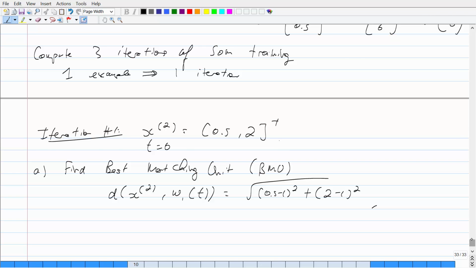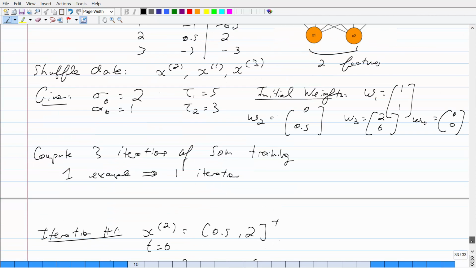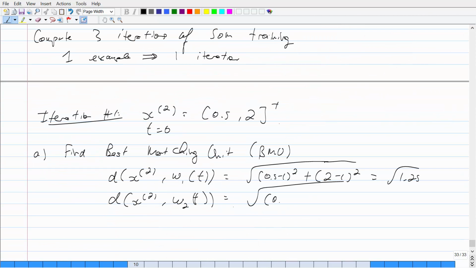When you calculate this, it becomes 1.25. Then you calculate the distance between the example and the second weight, which is 0, 0.5. So we have 0.5 minus 0, and then plus 2 minus 0.5. When you calculate this, this becomes 2.5.